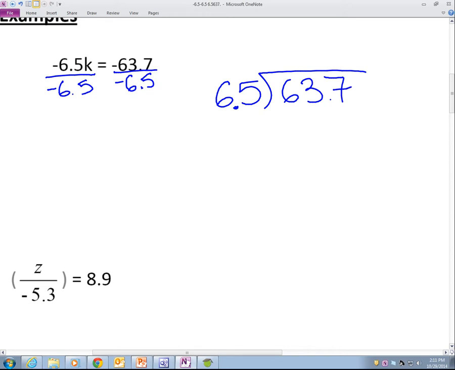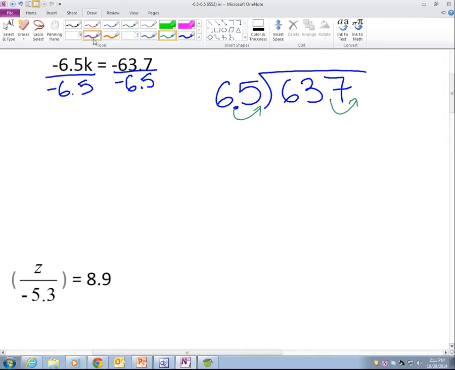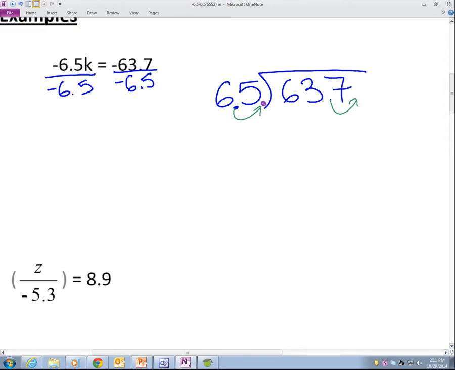And also, I don't even need to put the negative signs in here because I know that this quotient is going to be a positive number. So what I'm going to do is I have to move my decimal point 1 over this way, and I also have to do it 1 over this way. So my new decimal points are going to be here, here, and then I have to draw it straight up.